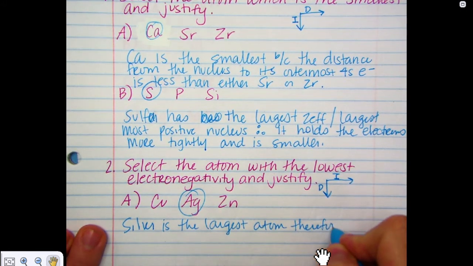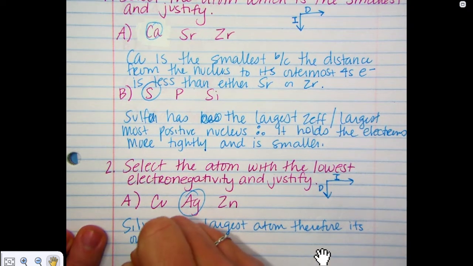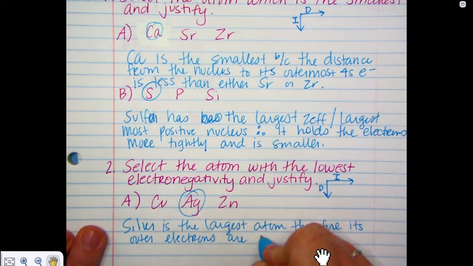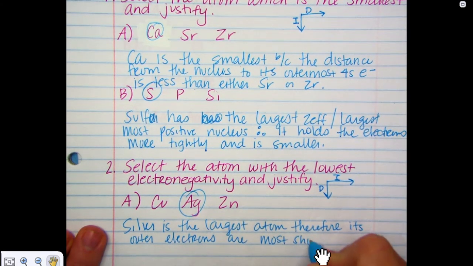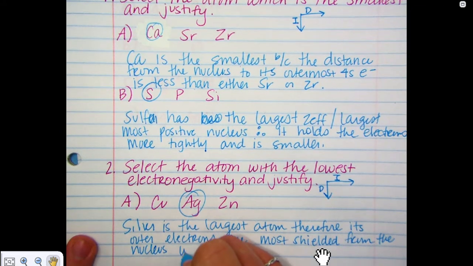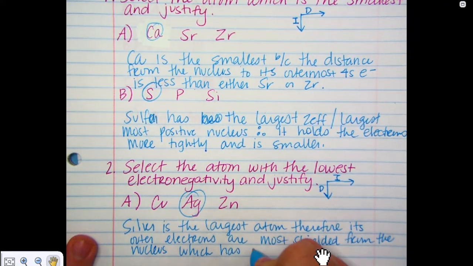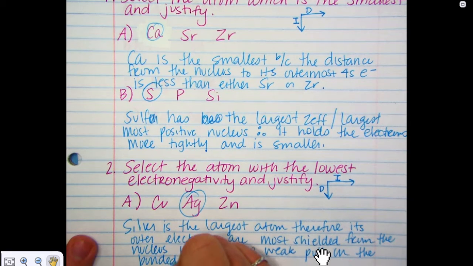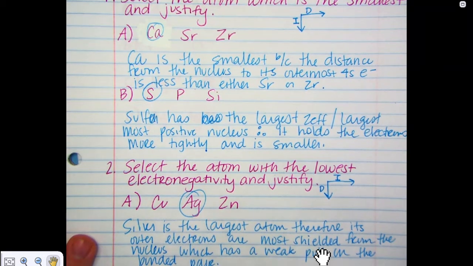Therefore, its outer electrons are most shielded from the nucleus, which has a weak pull on the bonded pair. Okay. So it has the lowest electronegativity.